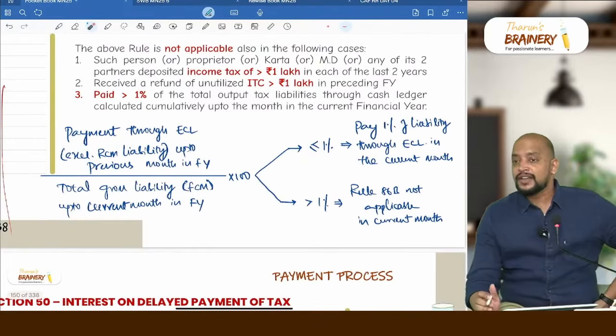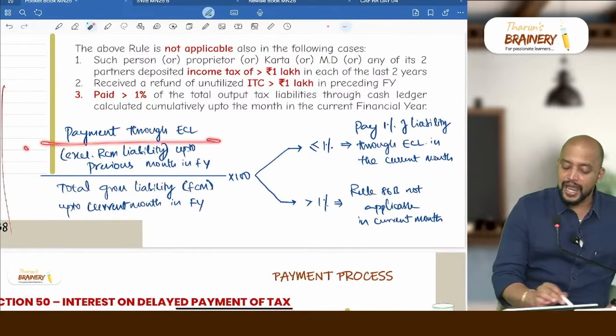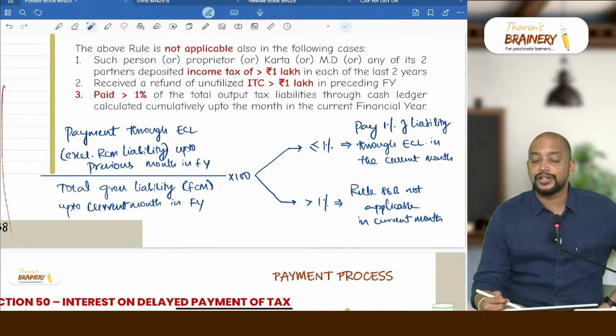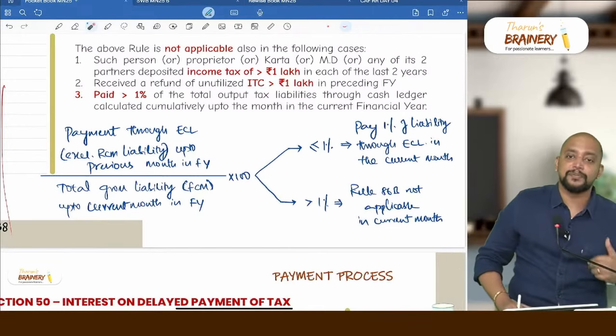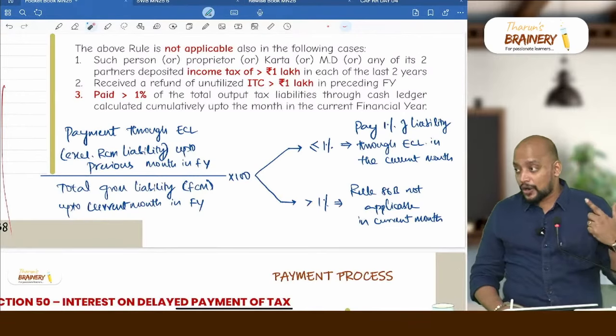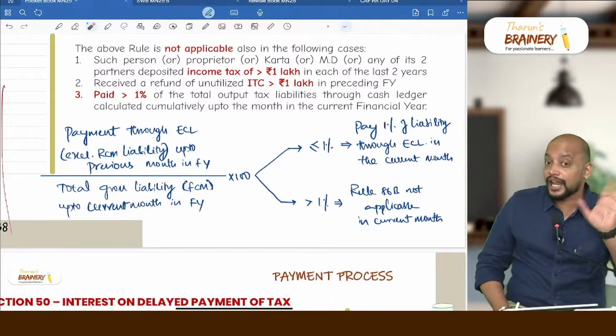So what do you need to see? First you need to check payment through the cash ledger. Whenever you see payment through the cash ledger, don't take RCM liability, because RCM anyhow you have to pay. If you add that, easily it will cross 1%. So when you take output tax, don't take input tax.